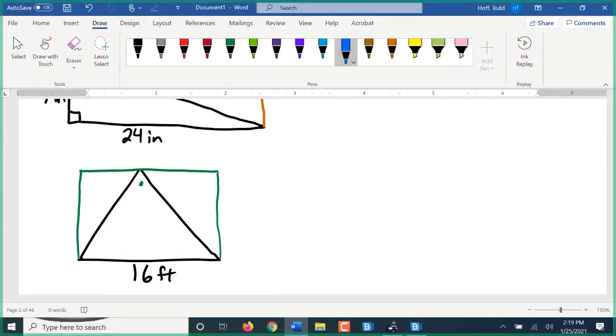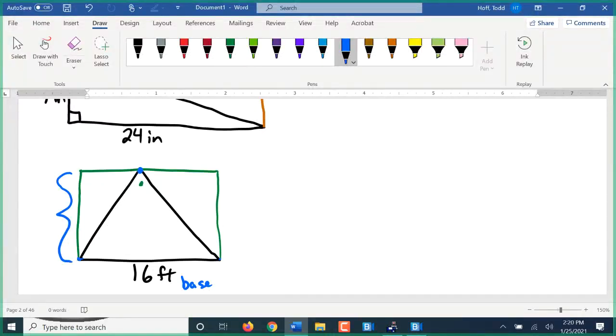You need to know, the 16 is the length of that related rectangle. We need to know the width of that related rectangle. And the part of the triangle that tells us that width is the furthest point away. We have the side that's our base, the length of our rectangle. That base takes up 2 of the corners. There's only one corner left.